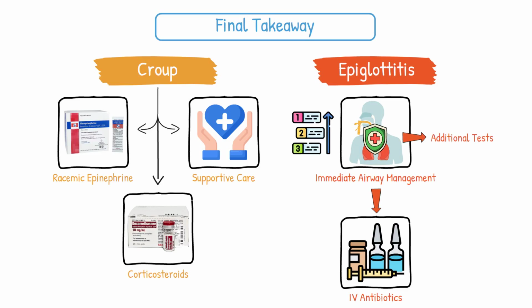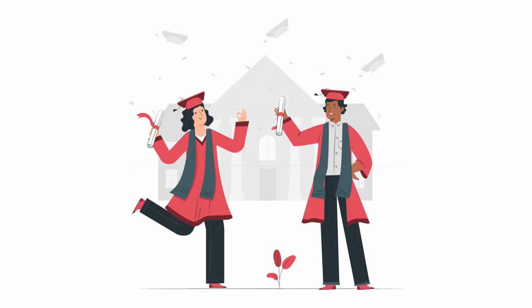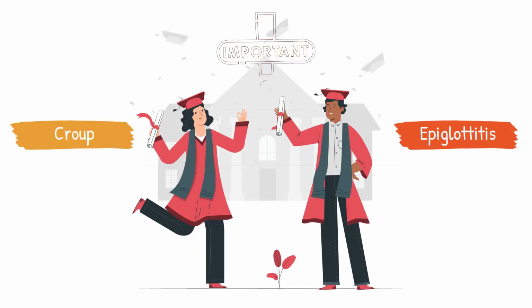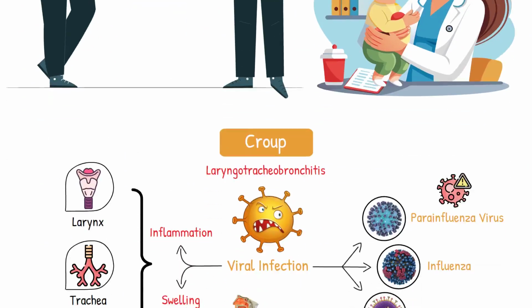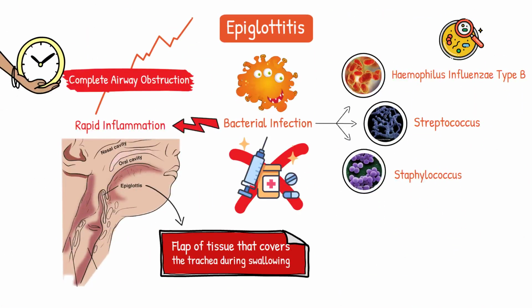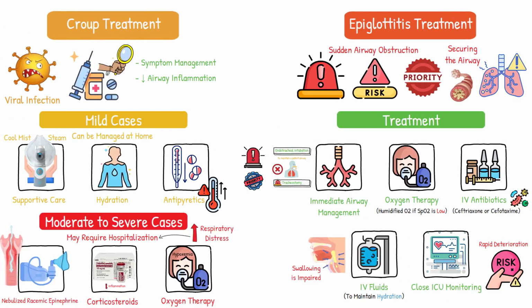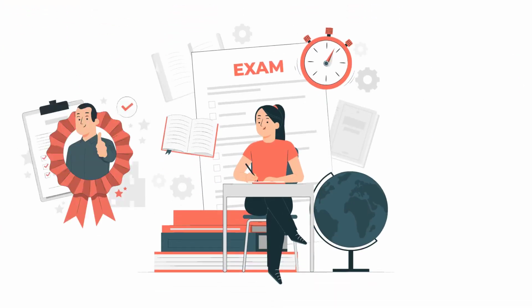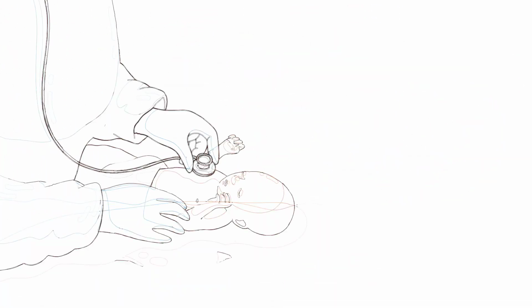But as you can see, mastering the differences between croup and epiglottitis is essential. While both conditions involve upper airway obstruction, their causes, progression, and treatment strategies are dramatically different.